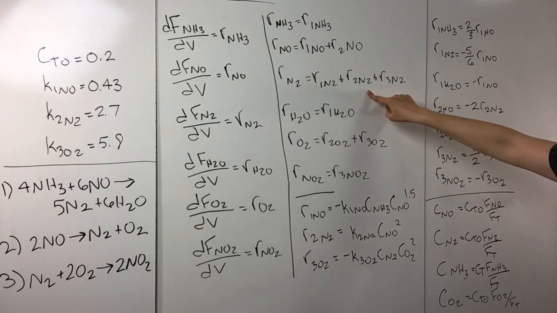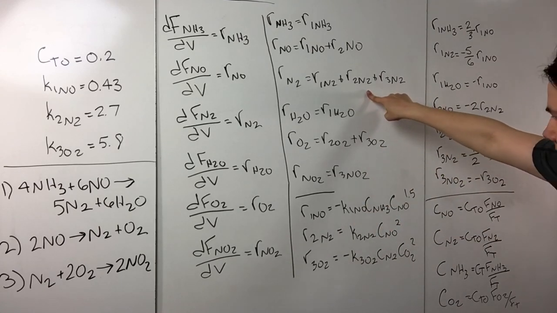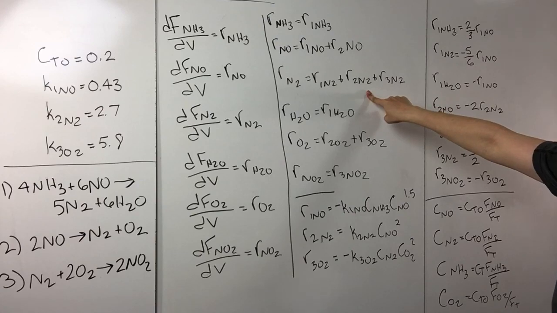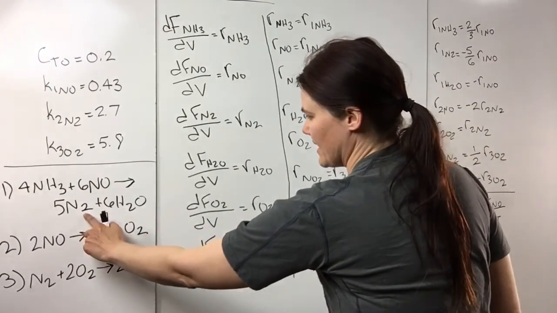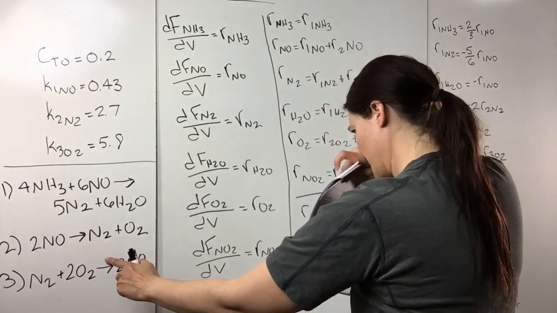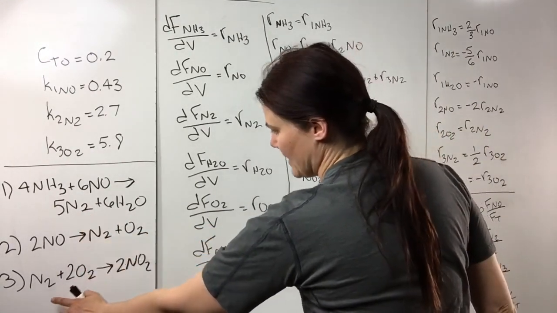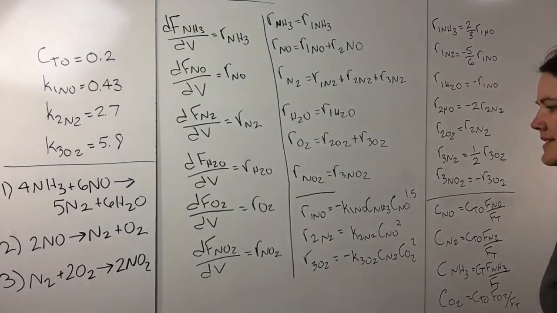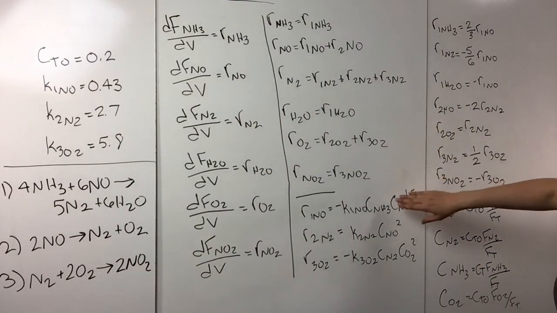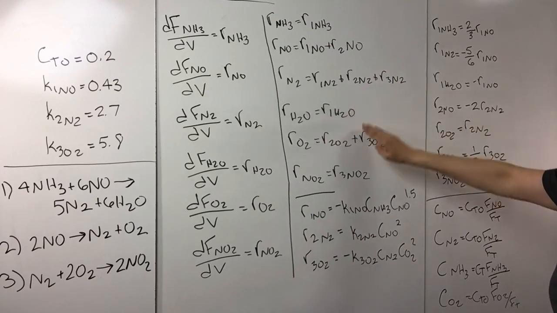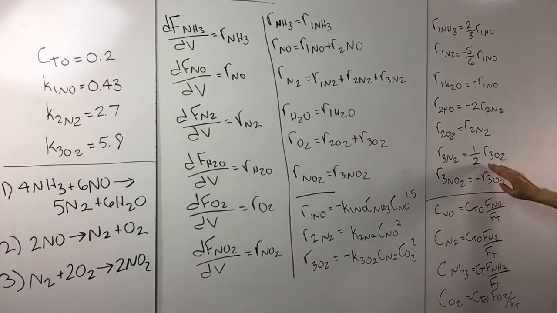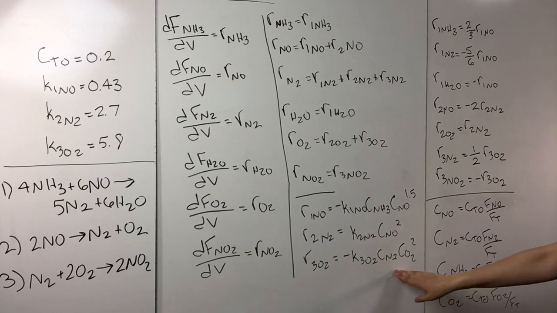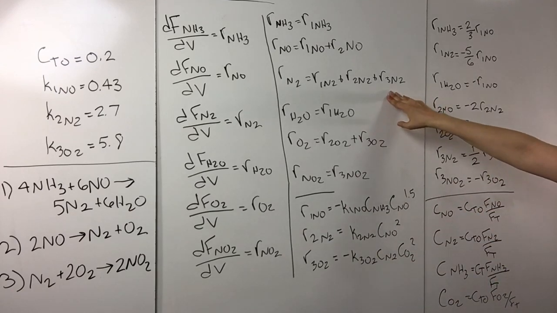So that's right. R2N2, sorry, I think I said that it was supposed to be negative, but it should be positive. It's appearing in reaction 1 and reaction 2, so it should be positive in them, and then it should be negative in the third one because it's disappearing. R2N2 is given as positive, so that's right. And then R3N2 is 1/2 multiplied by R3O2, which is negative, so that ends up being negative. So that's right.